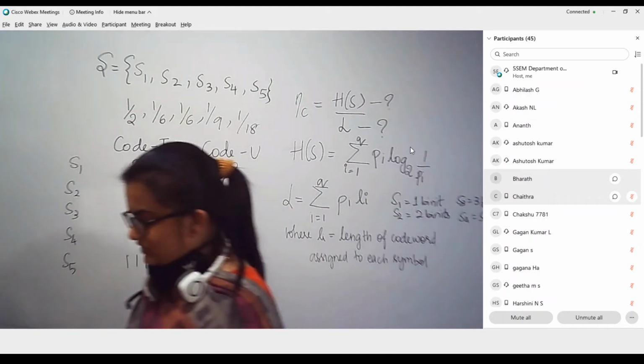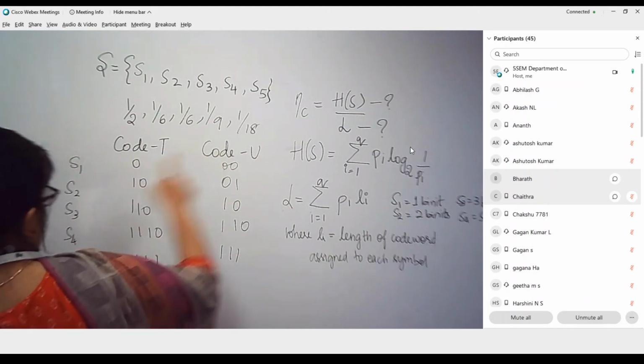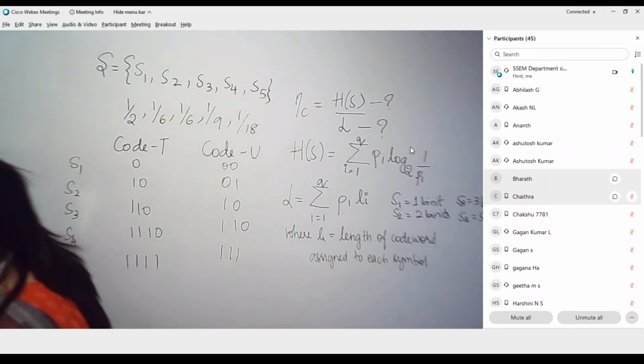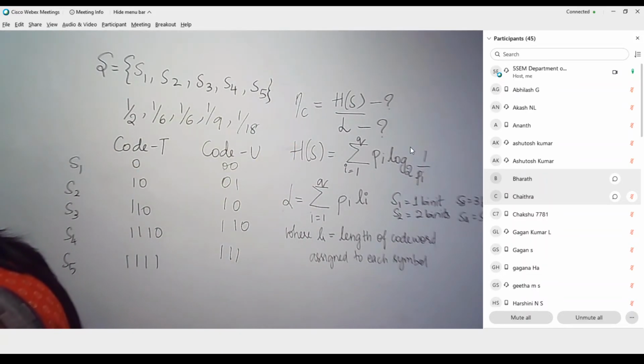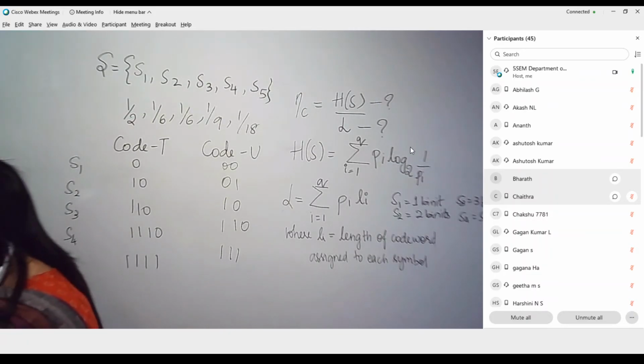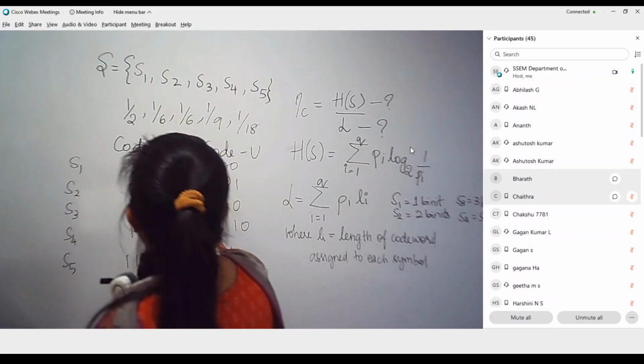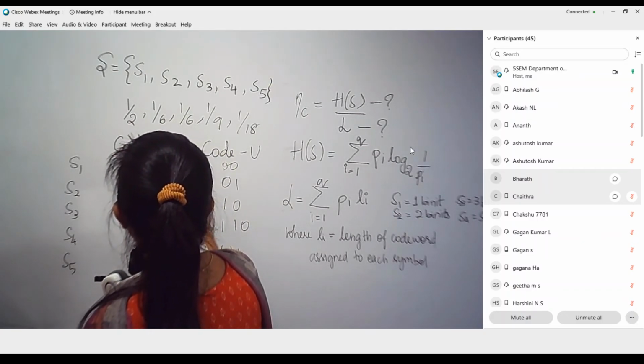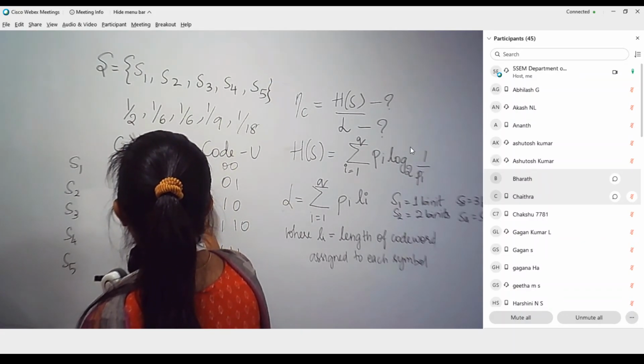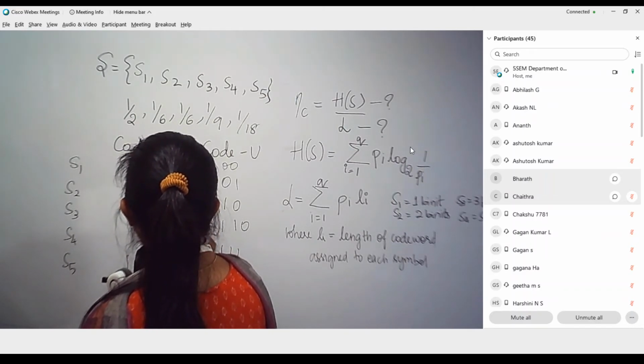Keep this in mind and first try to evaluate the entropy, because that is simple and you know it already. Also try to find the average length, since we already know the lengths of the code words. Here L1 is 1, L2 is 2, L3 is 3, L4 is 4, L5 is 4.